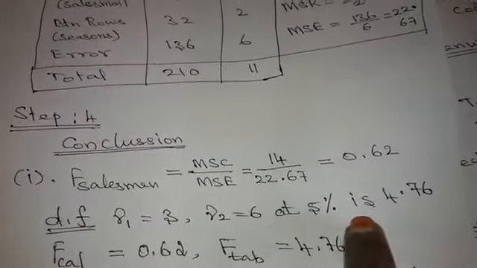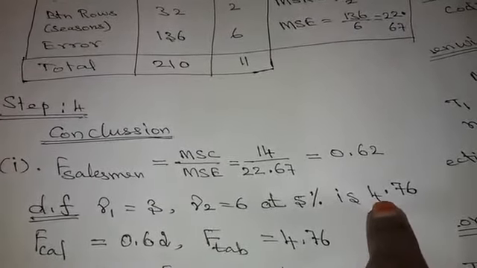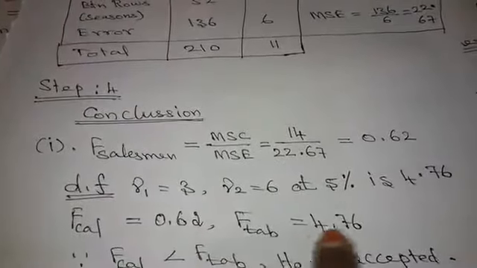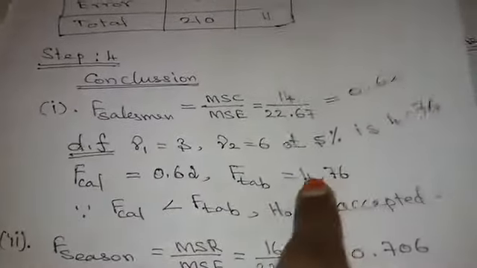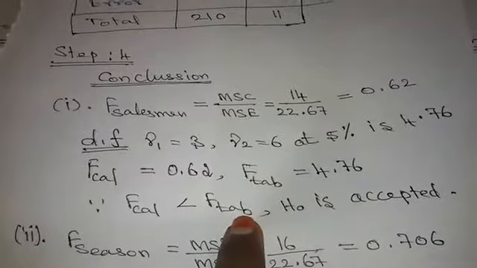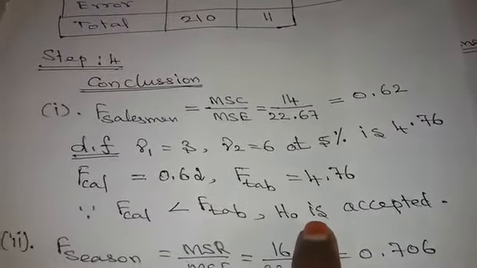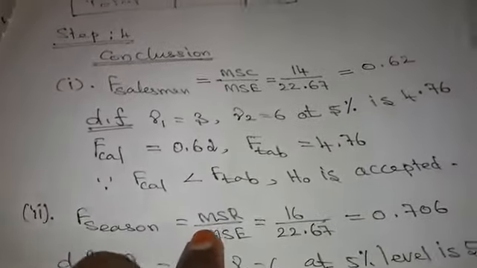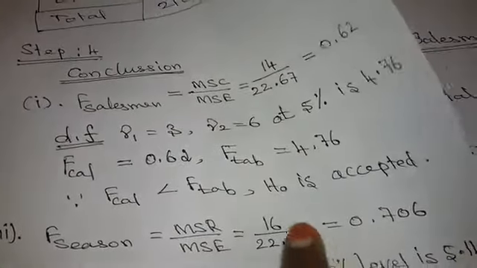At the 5% level using the F distribution table you get the value 4.76. So F calculated value is 0.62 and F tabulated value is 4.76. When you are comparing, this value is less than the F tabulated value. Therefore, H0 is accepted.